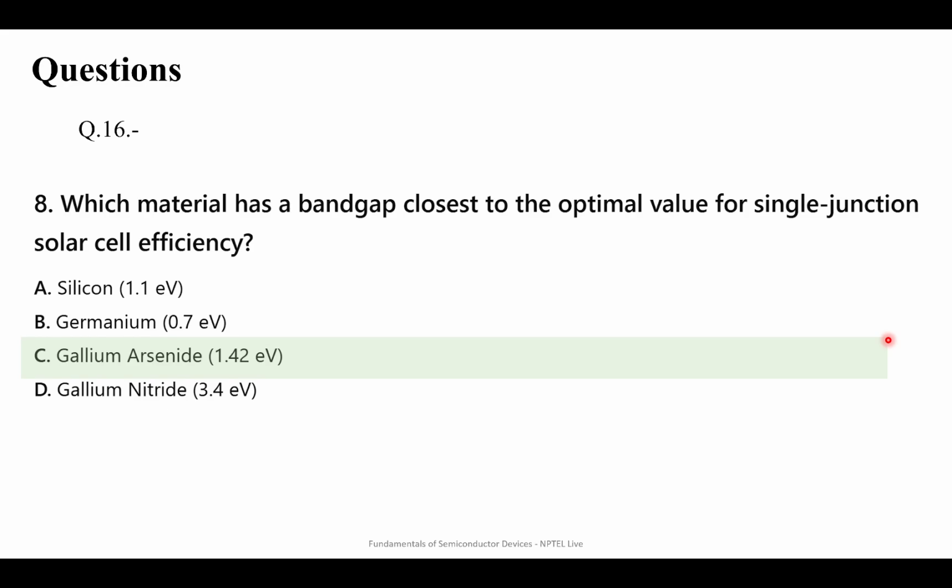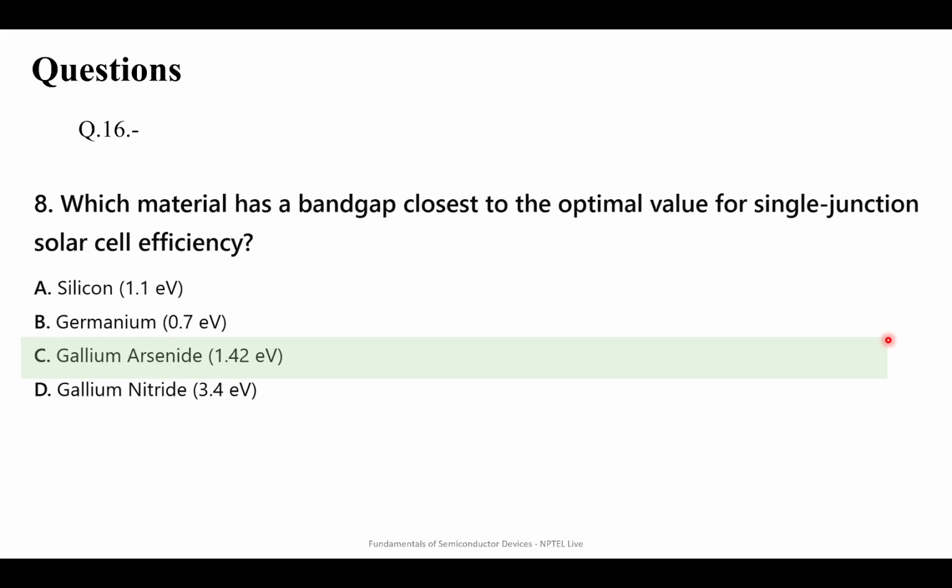Now, sir, I don't know. Actually, I cannot explain, sir. Quantum efficiency means the highest efficiency for an optimal condition? No, quantum efficiency is a different term. If my sample is absorbing 10 photons, like 10 photons falling on my sample, and I am generating 10 electron hole pairs, then my quantum efficiency is 100%.